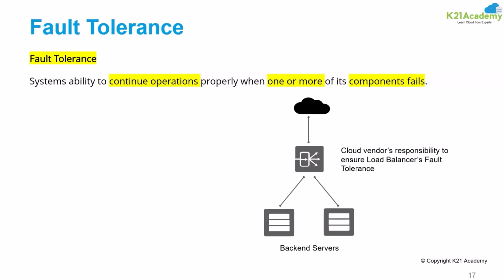So that is where your fault tolerance comes into picture, and the best example is the load balancer. You are going to give the end user URL, okay, that will be of the load balancer. Now at the backend, you have got 10 servers attached. Out of that 10, one server has got some hardware issue, and that is not functional, but still 9 are there to bear the load, and your users are not even experiencing that.